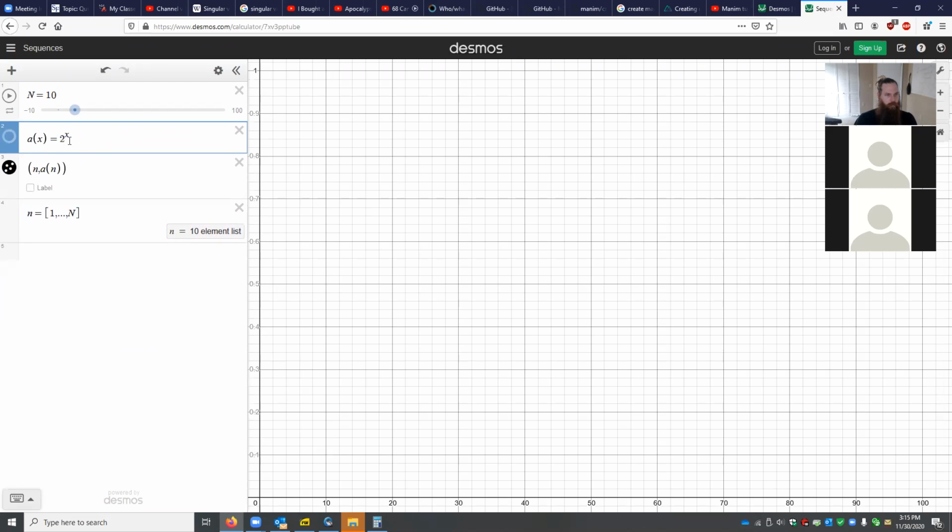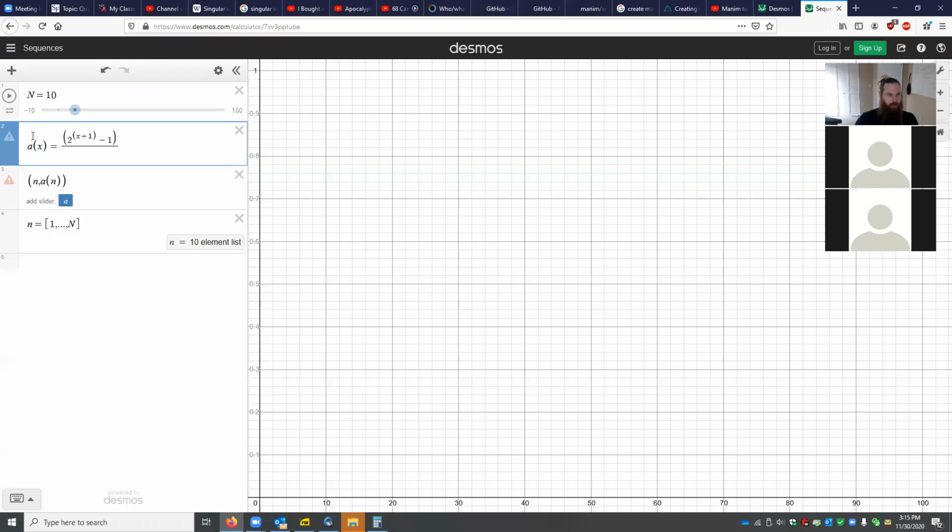Whoop. Why is that jumping down out of the exponent? Whoa, whoa, whoa. No, no, no. Yes, like this, and then divide by 2 to the x.